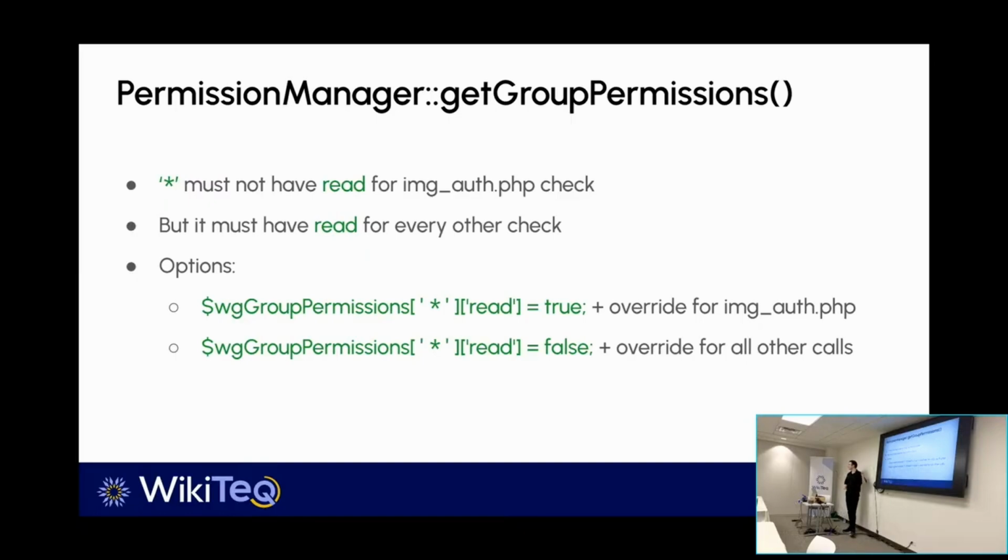So we went with the first option. We are going to somehow hack the permission manager so that in this one place, when requesting group permissions from image auth, star will not have read rights.